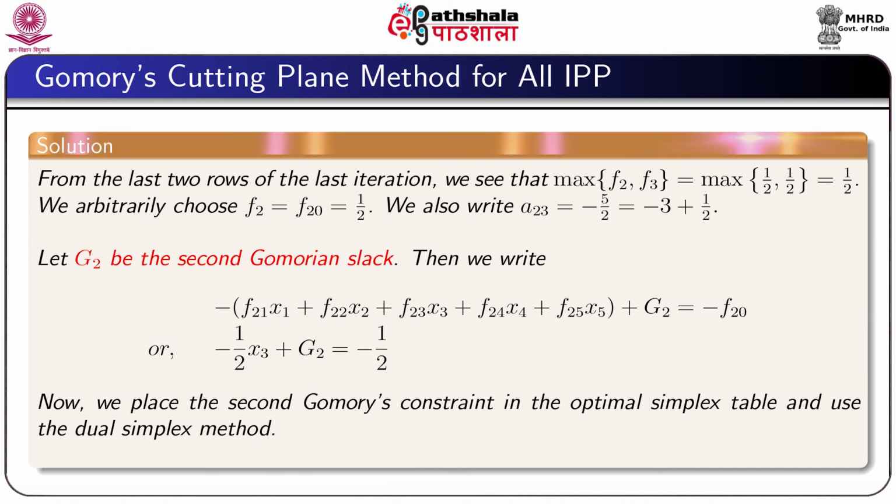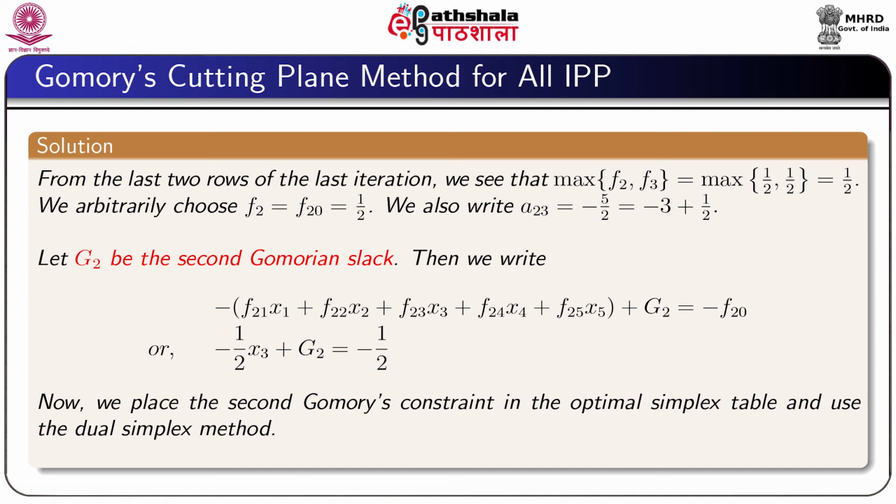From the last two rows of the last iteration, since the maximum of f2, f3 is equal to the maximum of 1/2 and 1/2, which is equal to 1/2, we arbitrarily choose f2, that is f20, equal to 1/2. Also, we write a23 equal to minus 5/2, which is equal to minus 3 plus 1/2.